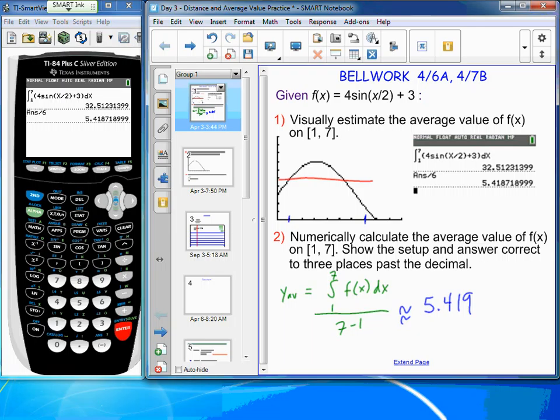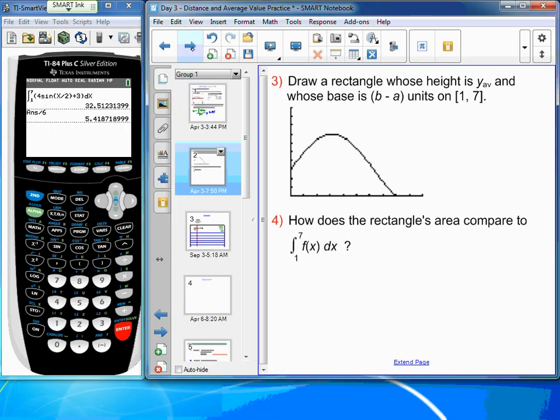Now that we know what my average value is, my y average, I can go ahead and draw a rectangle whose height is that average value. So I'll do this a little bit better. We know from 1 until 7, our average value is about 5.4.